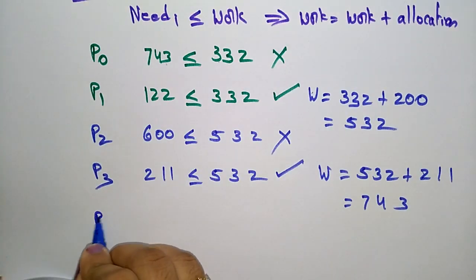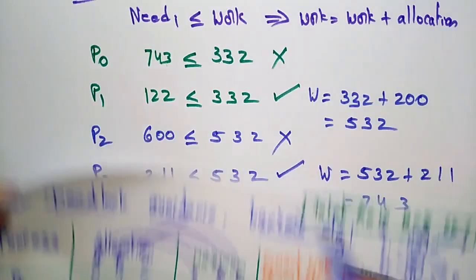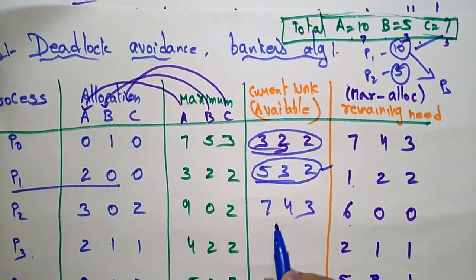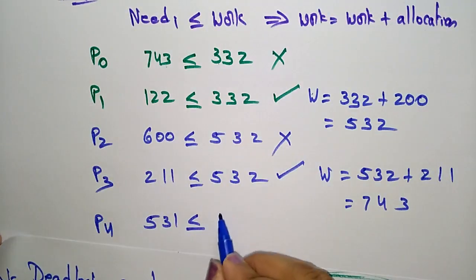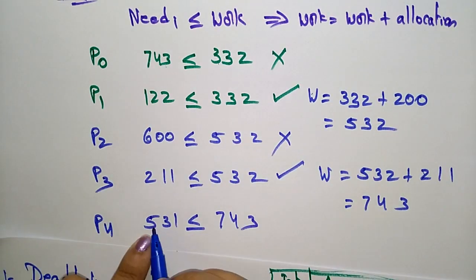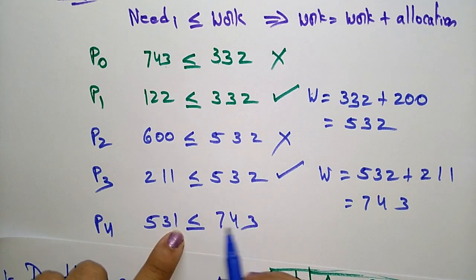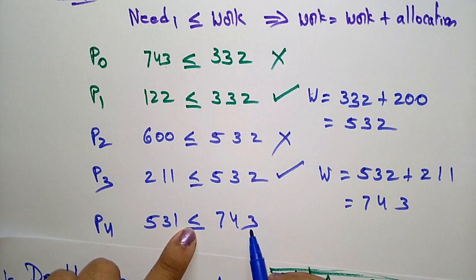Now calculate P4. What is the need of P4? 531. So 531 is less than or equal to the current work, which is 743. Now I have to check: 5 is less than or equal to 7, satisfied. 3 is less than or equal to 4, satisfied. 1 is less than or equal to 3, satisfied.